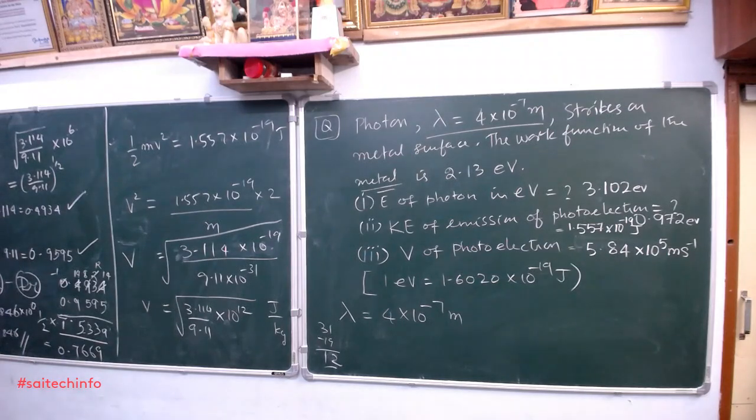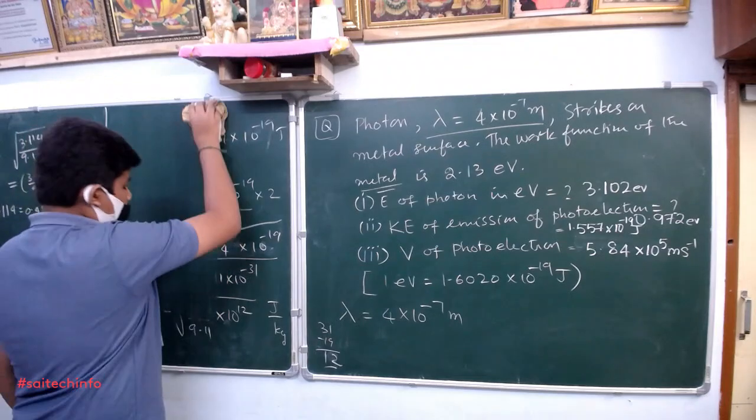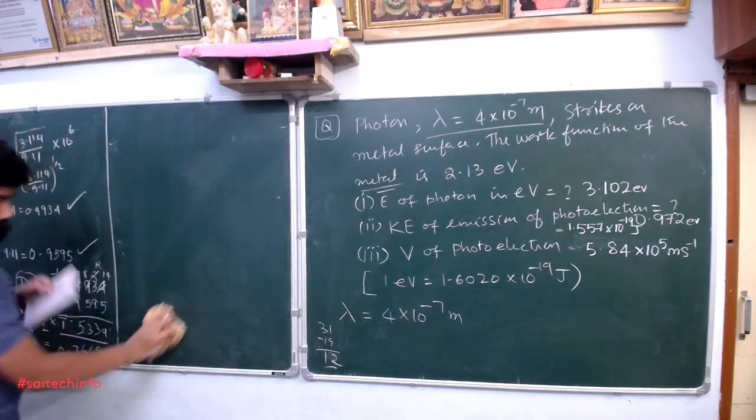Now you have to include that 10 power 6 also. Is it not? You can erase this portion and include that. So 10 power minus 1.